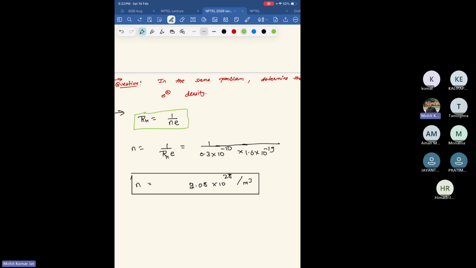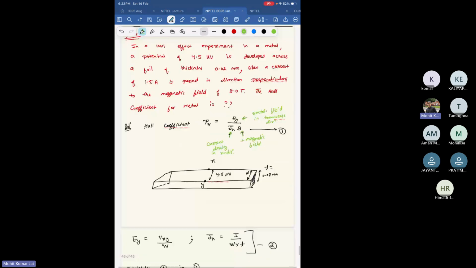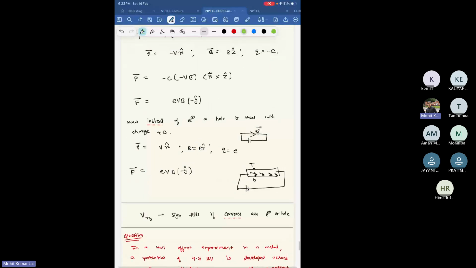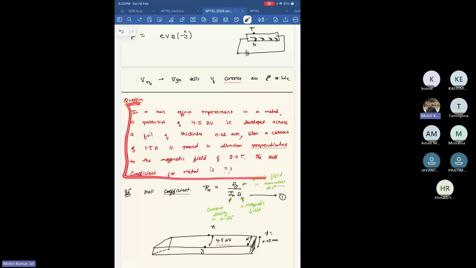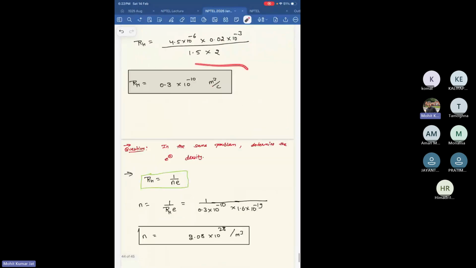I have completed these two questions on the Hall effect, which covers why the transverse voltage is there initially. Then in the next part, it covers the numerical part, that if a magnetic field is given, transverse voltage is given, and then thickness of the plate is given, then how to determine the Hall coefficient RH.